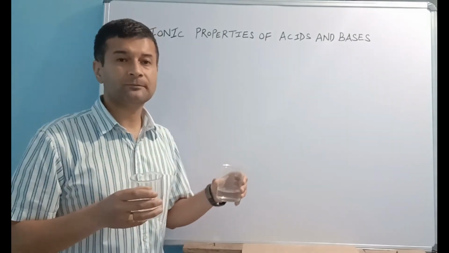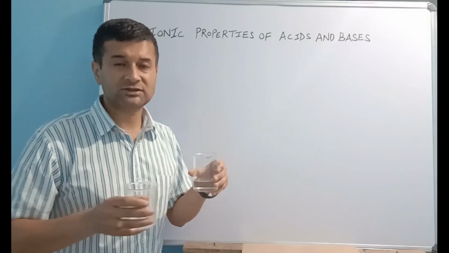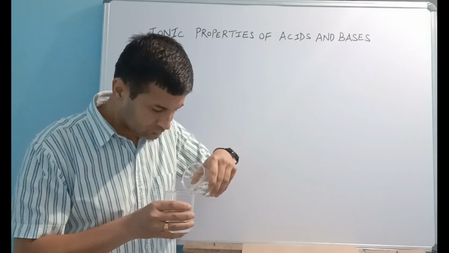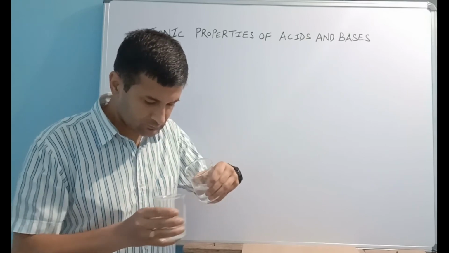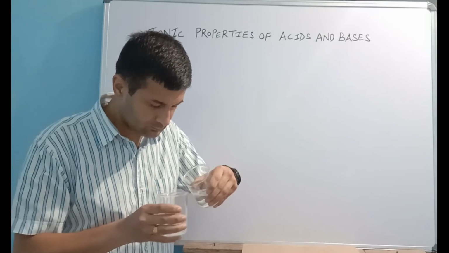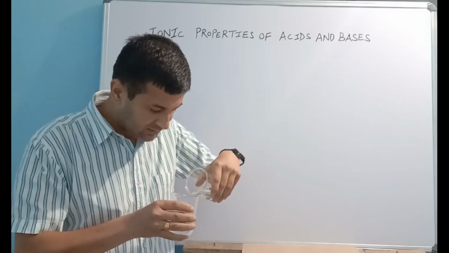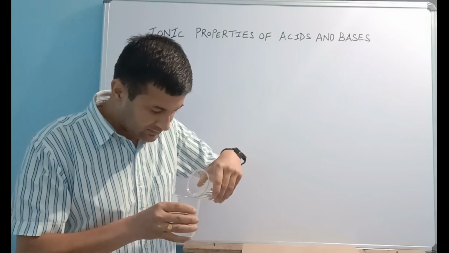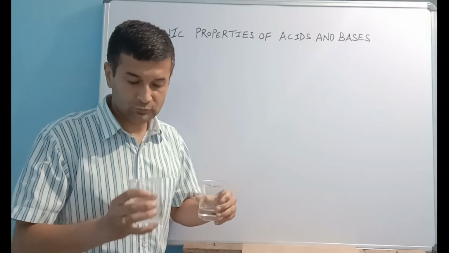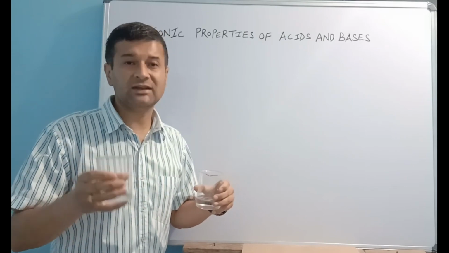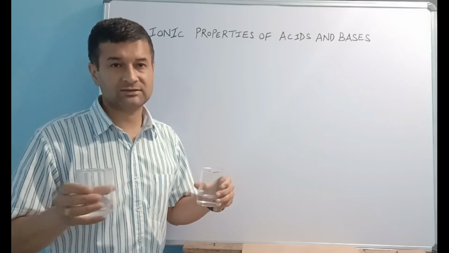So what we do is we mix acid in water and we continuously swirl. So we gently pour acid and we swirl it. So I can feel the heat because it is an exothermic process.